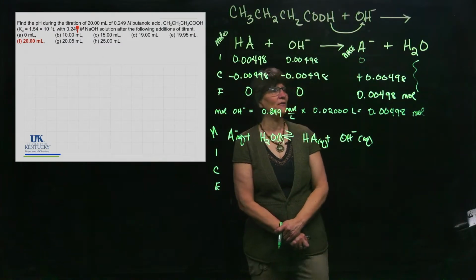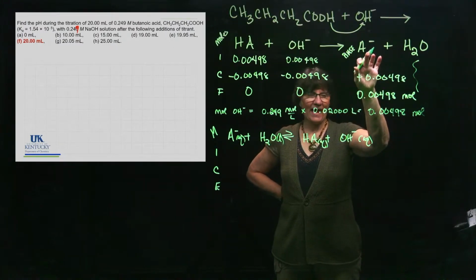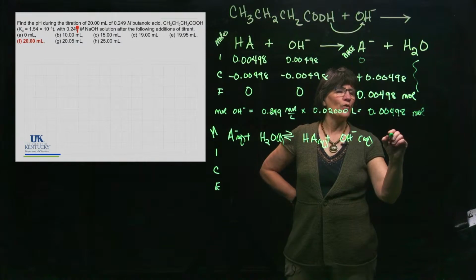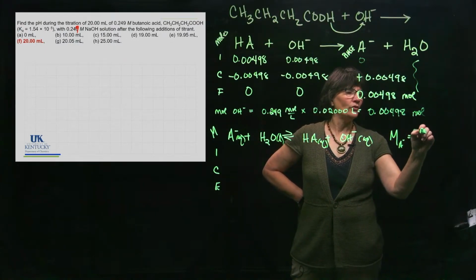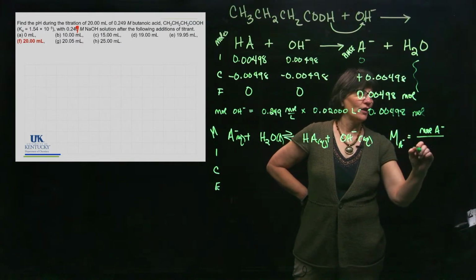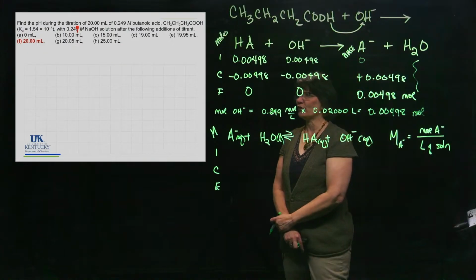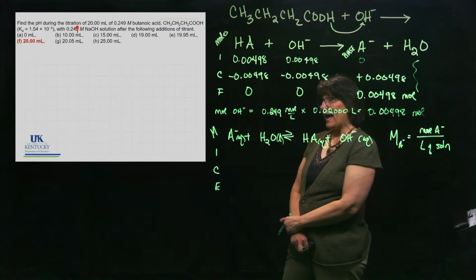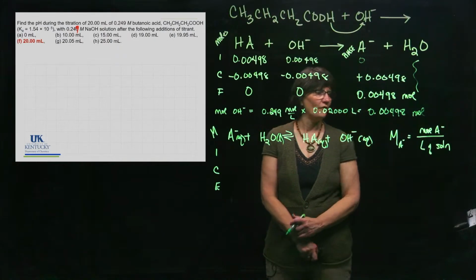We want to come up with the molarities to plug into the table. So now what do I have? I have how many moles of A minus I have, right? But I want to know the molarity of A minus, which is the moles of A minus, check, got that, over the liters of solution. Well, how many liters of solution do I have? I have 20 milliliters of the acid and 20 milliliters of the base.